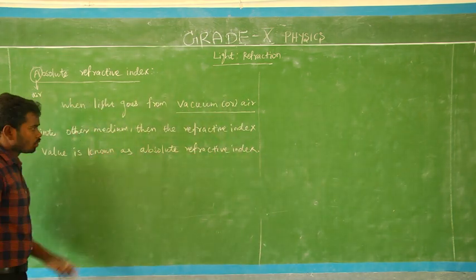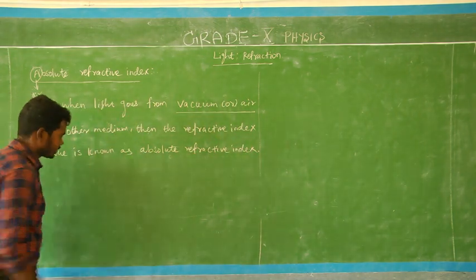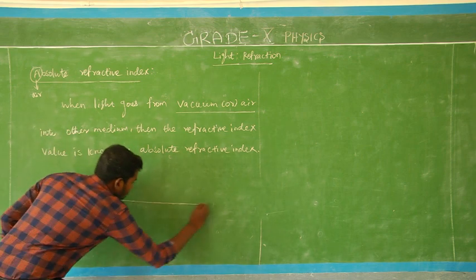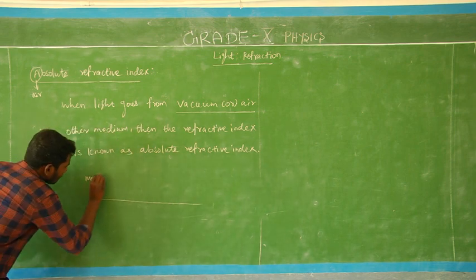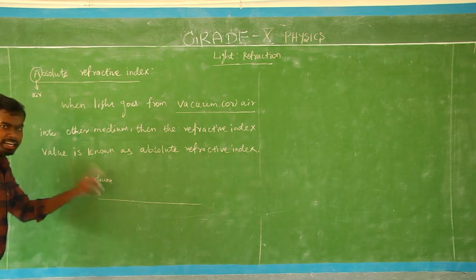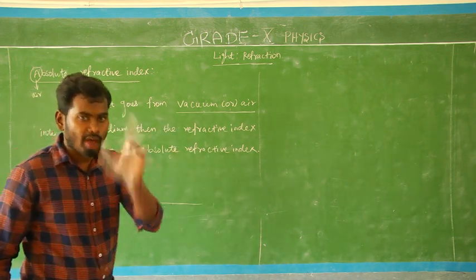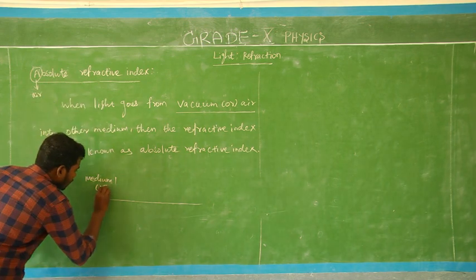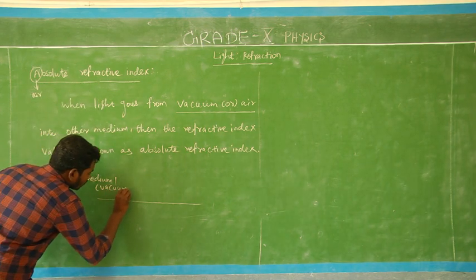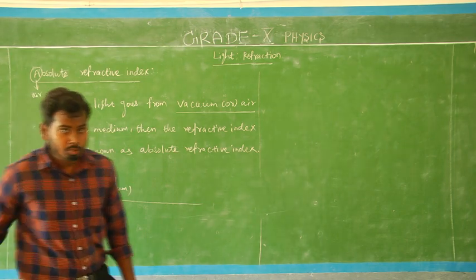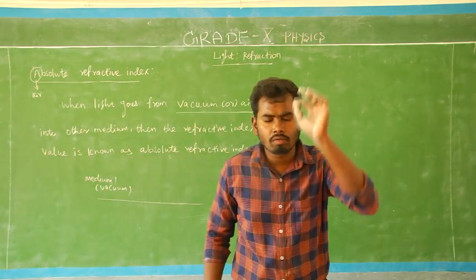Now consider two media, to understand the absolute refractive index. This is medium 1. Medium 1 should be only vacuum. In absolute refractive index, the first medium is always vacuum.